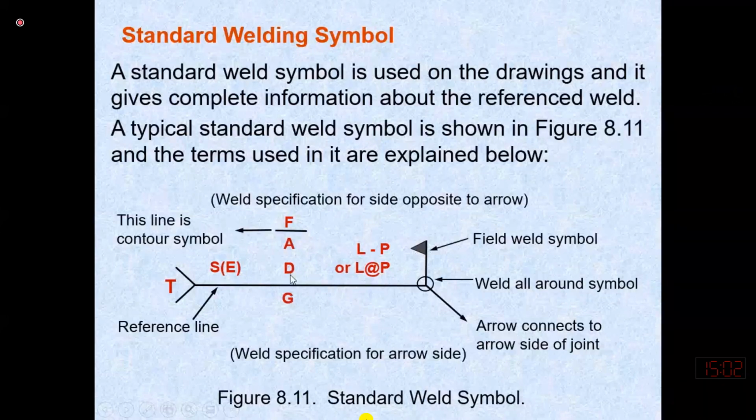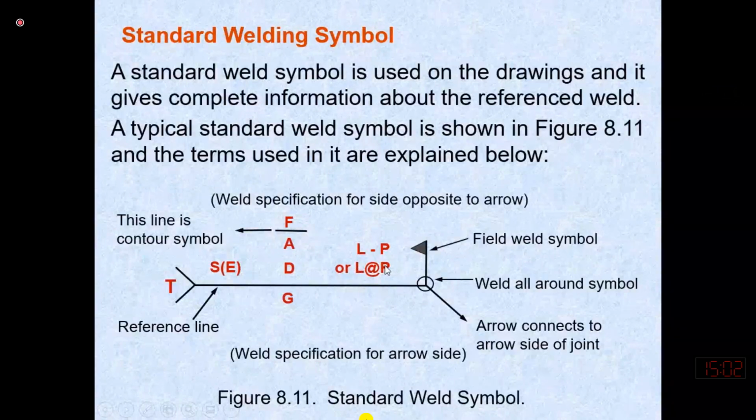So here we may have either symbol D or G. G shows that we need to show the weld size on the arrow surface. If the weld is carried out on the opposite side of this arrow, then we need to show the symbol on this side, which is referred to as D. And if we need to show an intermittent weld, we need to show the weld length at pitch.